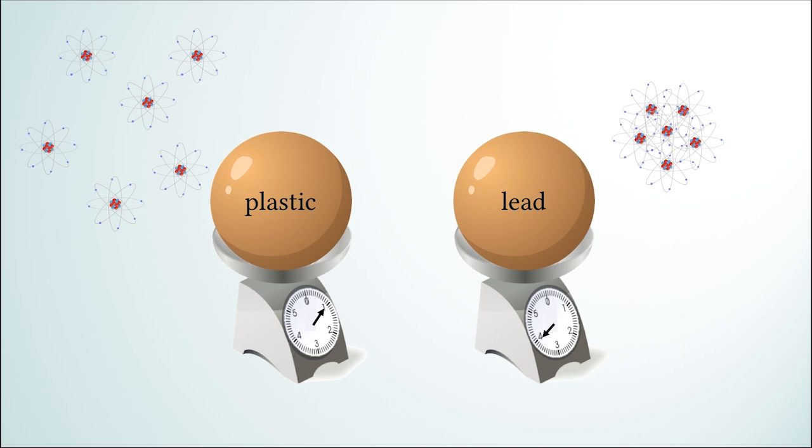Lead actually has a density of 11.4 grams per milliliter. Most plastic has a density of less than a gram per milliliter. That's a big difference. There are more grams of lead packed into that same milliliter as there are grams of plastic. Now, if we had some plastic that had a density of, say, 0.54 grams per milliliter, the density of lead is 21 times greater than the density of that plastic.